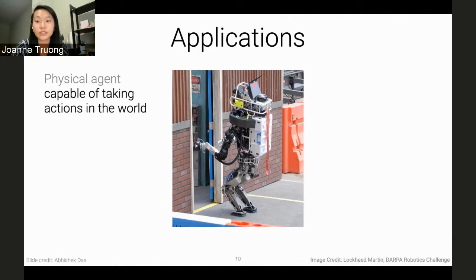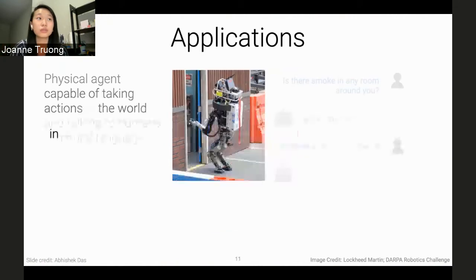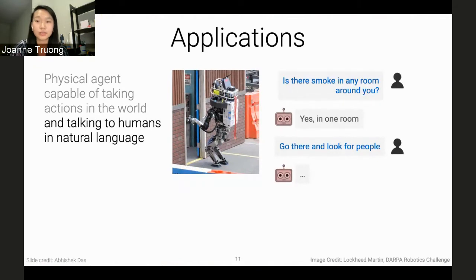This robot can take actions and interact with the world. And this robot can potentially also have natural language interfacing capabilities to talk to humans in natural language. So for an example, let's say there's a first responder and it's asking the robot, is there smoke in any room around you? The robot would look around and say, yes, in one room. And then from there, the human can instruct the robot further to go look for people and so forth.